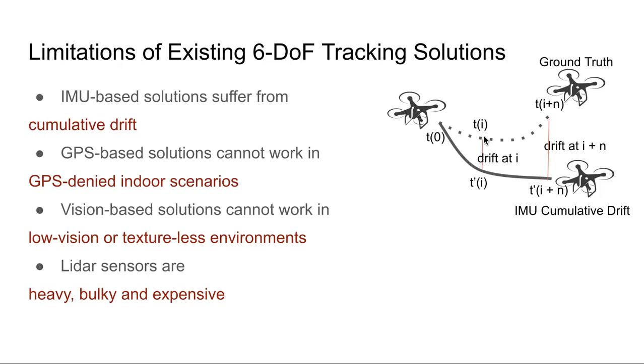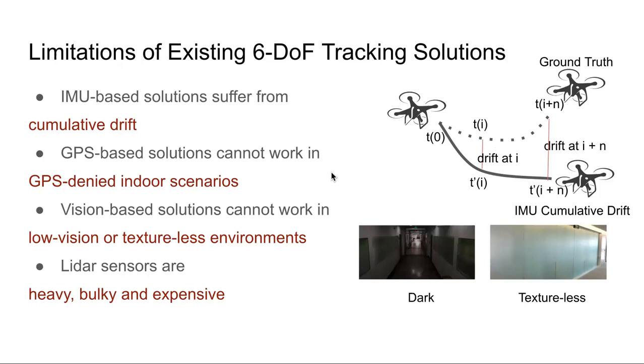Between any two frames there could be some errors, which could be caused by noise, especially if we do double integration of acceleration and gyroscope to infer the location. This error will be exaggerated and pretty large, and at the end of the day, with only IMU-based solutions, this error will accumulate.